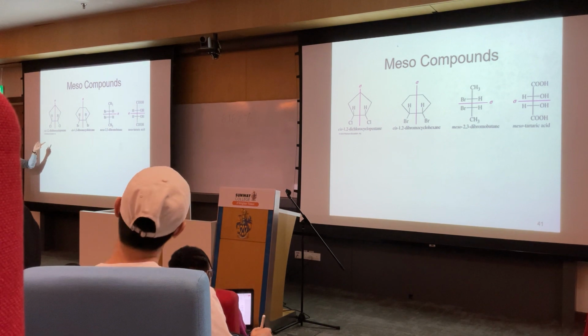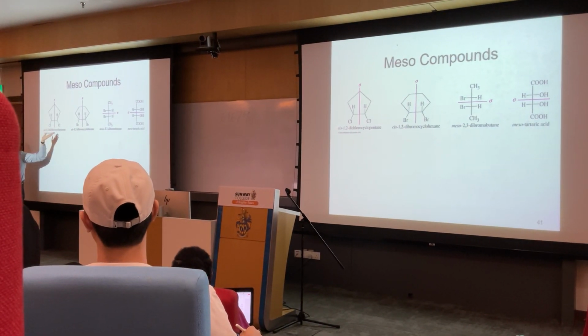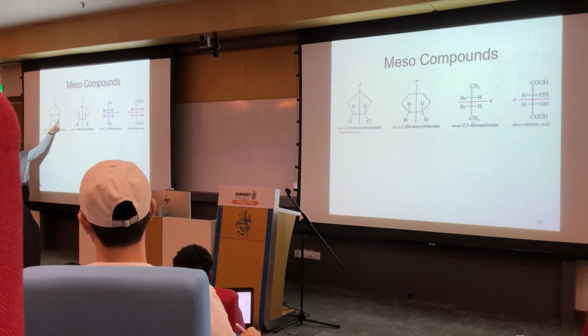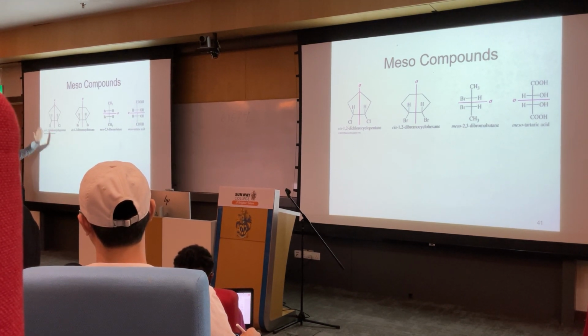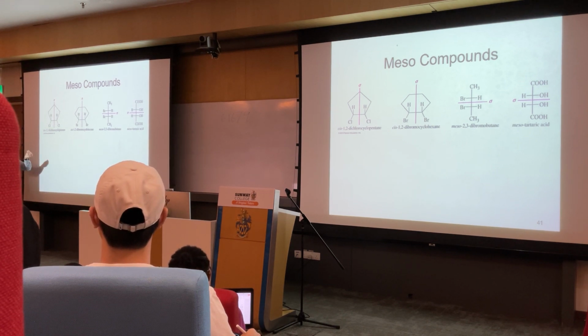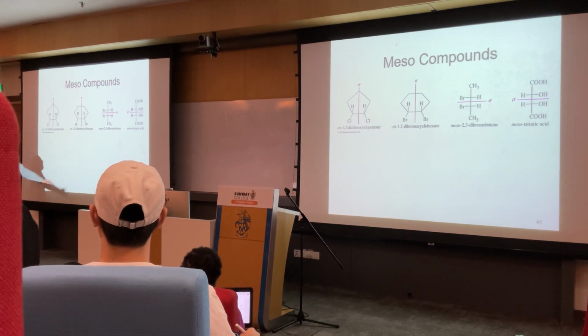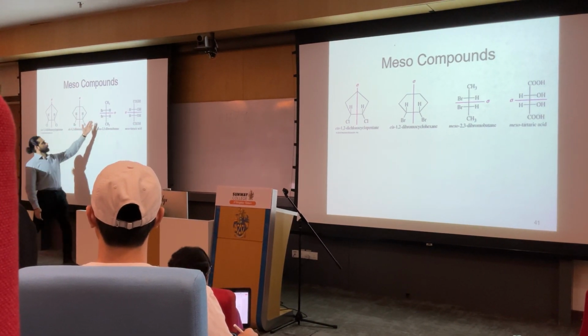So, because of this plane of symmetry, this molecule is not stereochemically active anymore. However, they still have a chiral center. This is a chiral center, right? This is a chiral center because they are attached to 4 different groups. But because of the plane of symmetry, the overall molecule will not be stereochemically active, and they are called meso compounds. Okay? Another example.